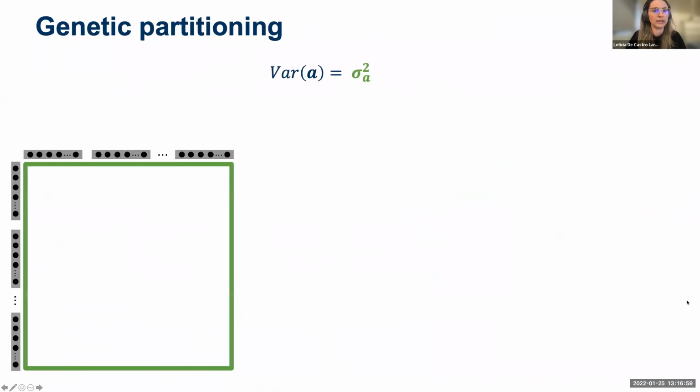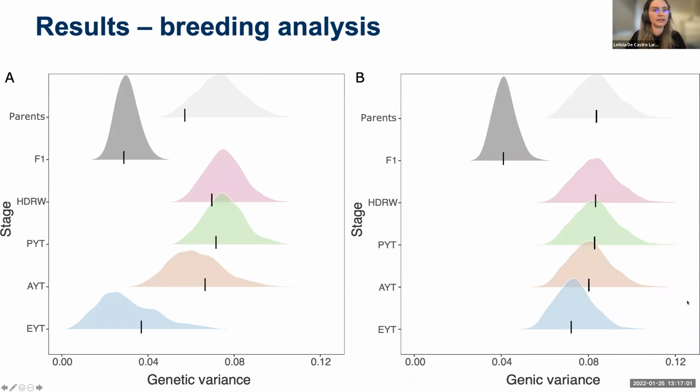The small vertical line denotes the true value, and we can see that the posterior distribution covers this true value nicely. We can also see that the parents at the top had the highest variance.